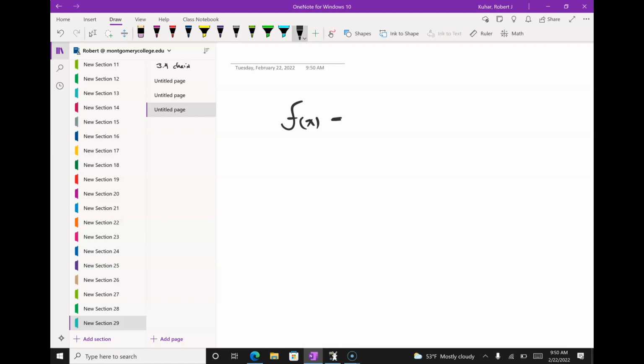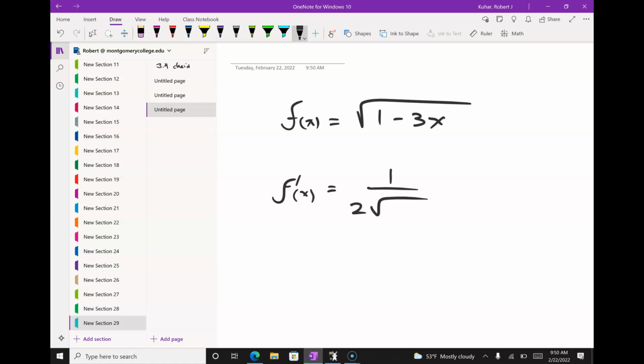So f of x is the square root of 1 minus 3x. The outside function is a square root, right? So I know I need 1 over 2 square roots, but I want to keep the cat in the box. I want whatever was inside originally to stay in there.